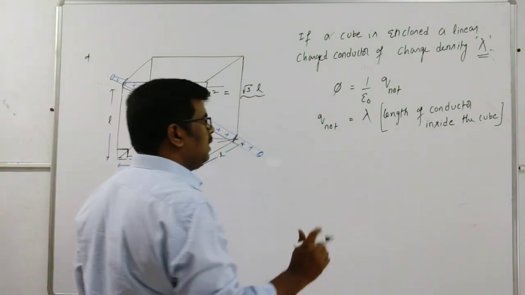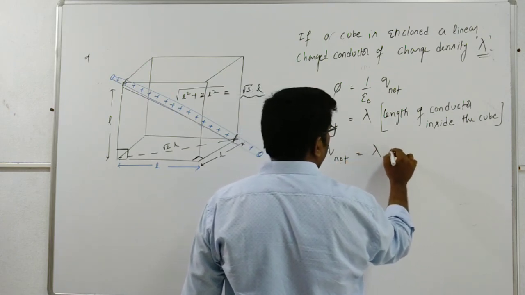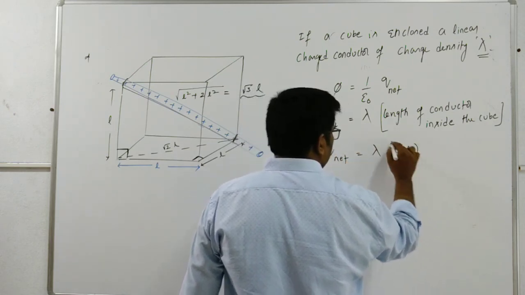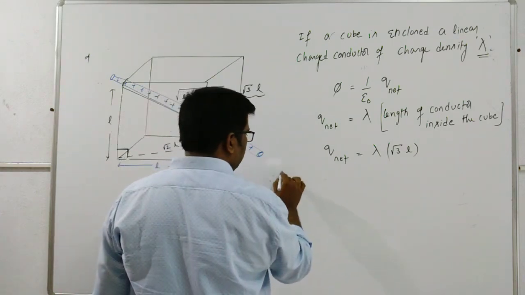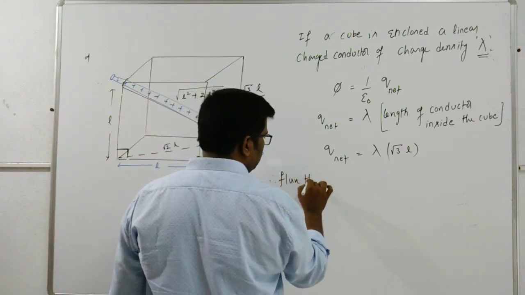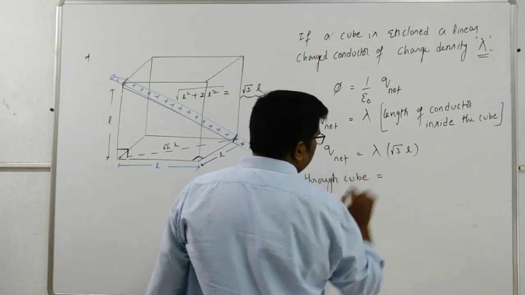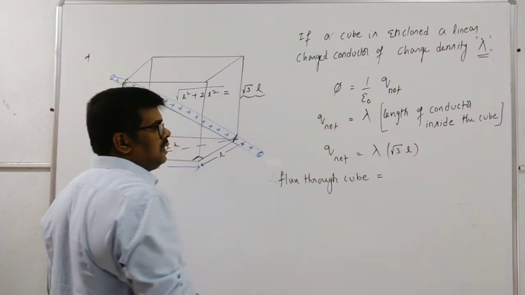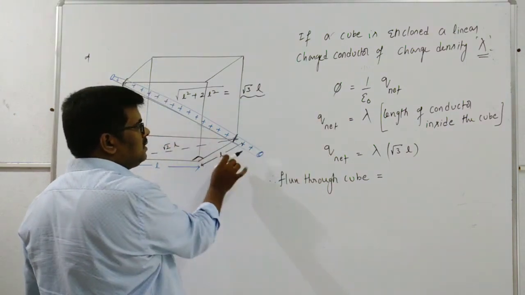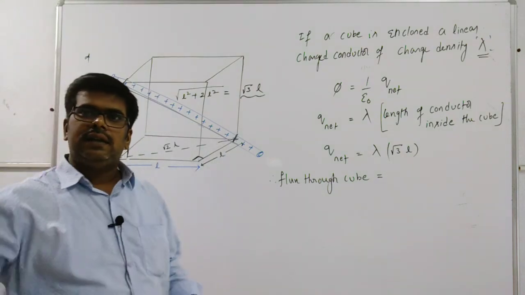So we can write net charge enclosed is Q net equal to lambda into root 3 L. Therefore flux through the cube is 1 by epsilon naught times the net charge. Net charge is linear charge density into the length of the conductor present inside the cube.